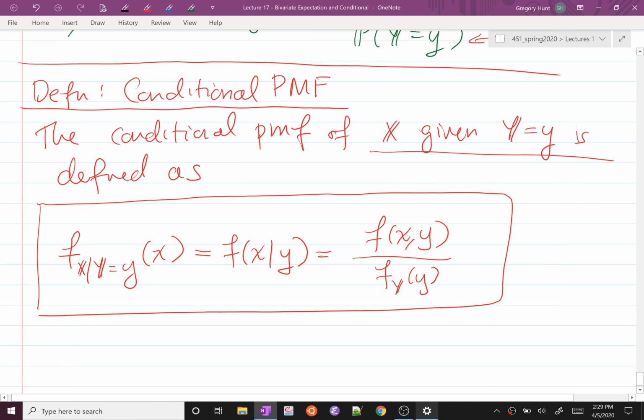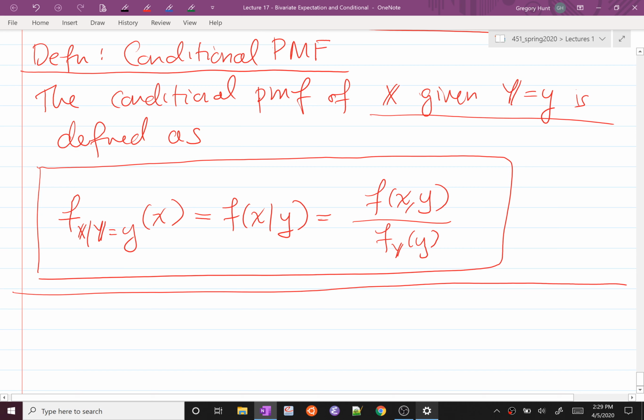It gives us a way of calculating one random variable conditioned on knowing the value of the other random variable. In a more general way, we could say Z, a univariate random variable Z, is, quote, X bar Y is little y.